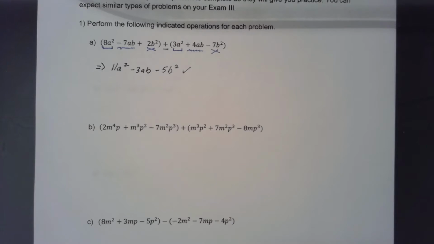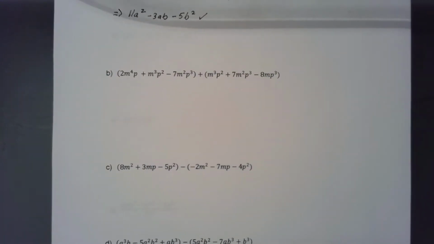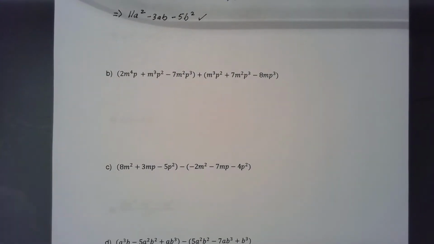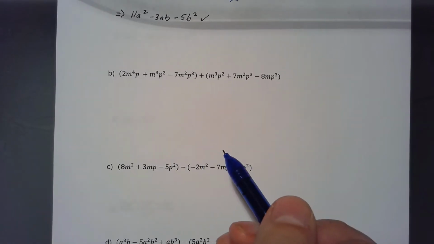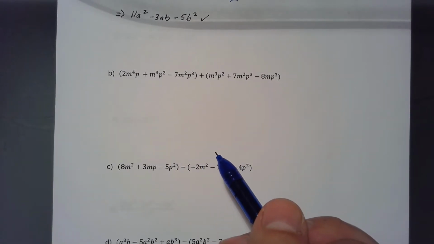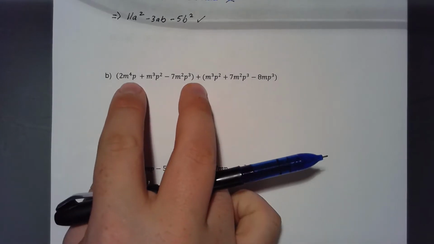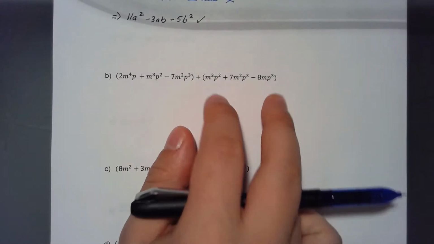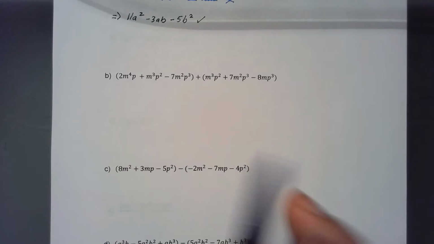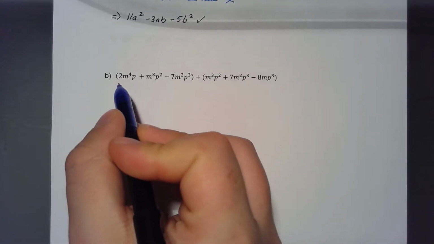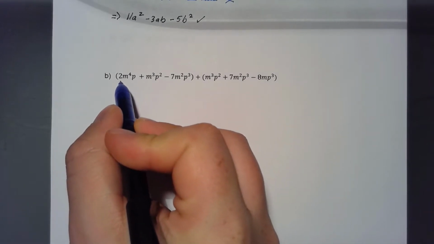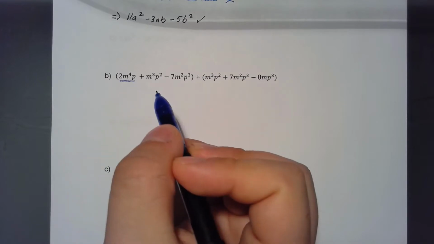Okay. The next one is also addition. So you just got to be careful with the powers, right? The powers here could be a little messy. This term right here contains m to the 4th p.